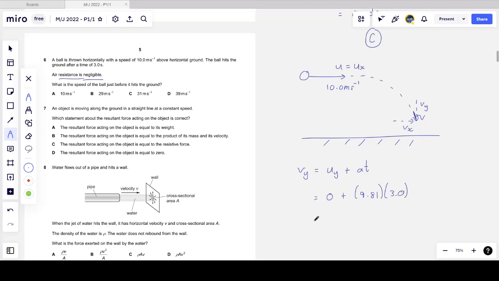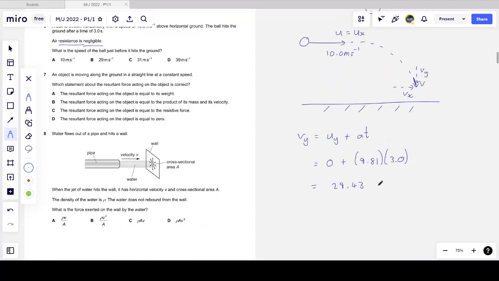And so it simplifies nicely, and we get a final y component of velocity of 29.43. We want the final velocity in totality, so you could just leave the product as is. If you are keeping an answer, make sure you keep many significant figures so that when you do your final calculation, you have greater precision.